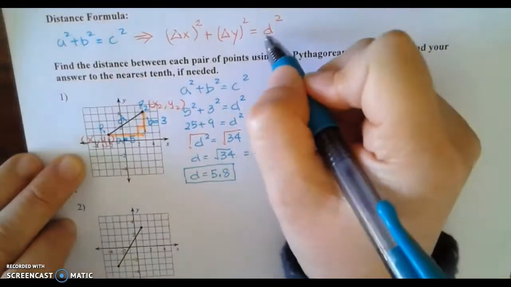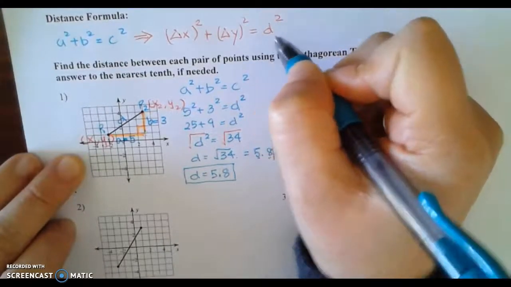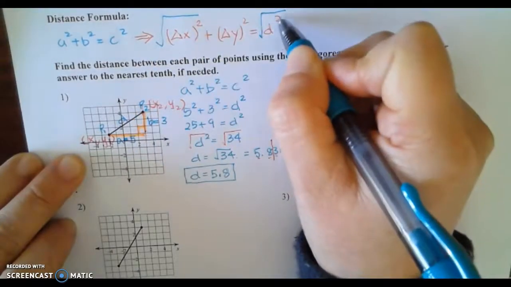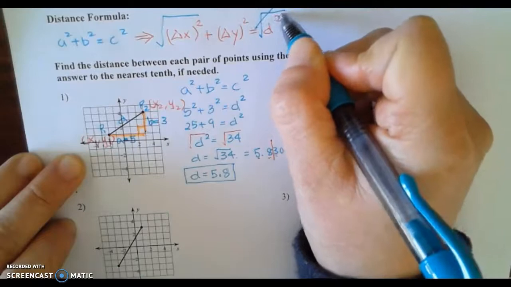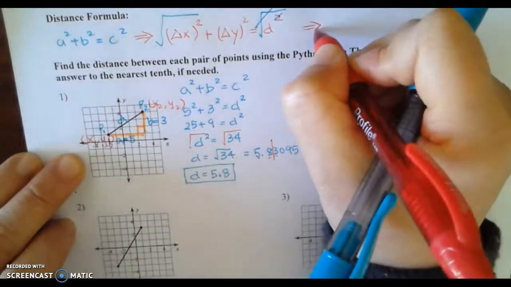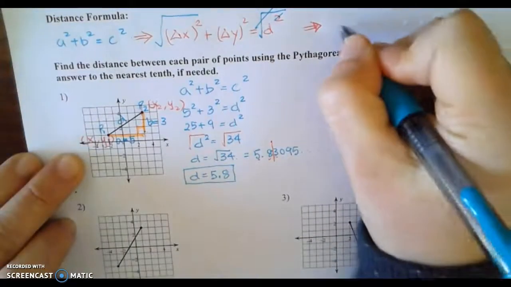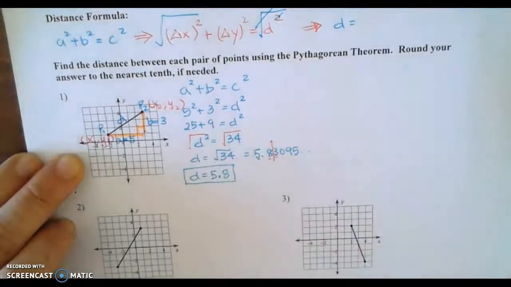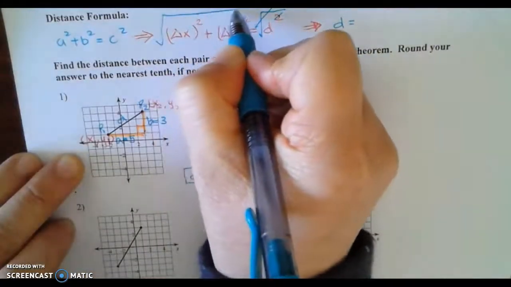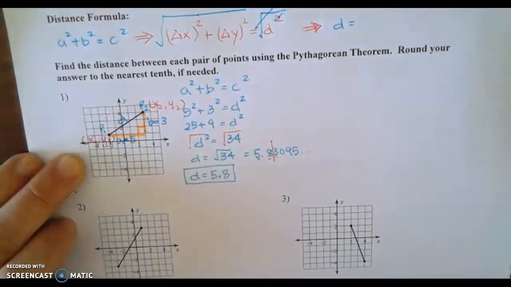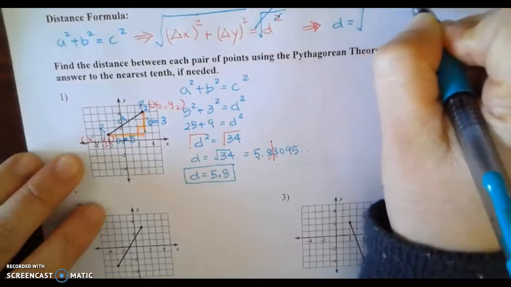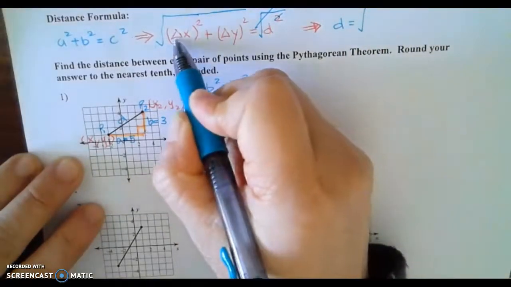To get rid of distance squared, we want to find distance, so we are going to take a square root of both sides. Then the square and square root sign cancel each other. Now what are we left with? Distance is equal to, and I should extend this square root sign all the way, the square root of, what is delta x?